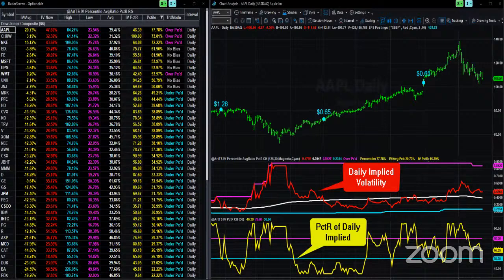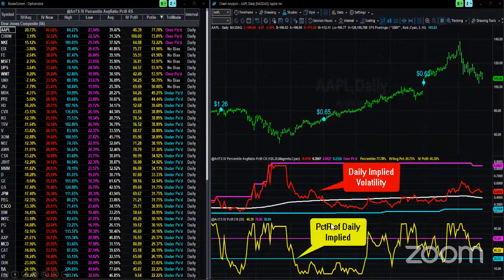So I thought it would be interesting, if I'm going to calculate this percent R and put it into this indicator, that you might want to see that indicator as a standalone indicator. So this is percent R of implied volatility, and it's a standalone indicator, and you can set the look back length. So if you're wondering how this is derived, I gave you an indicator to play with.